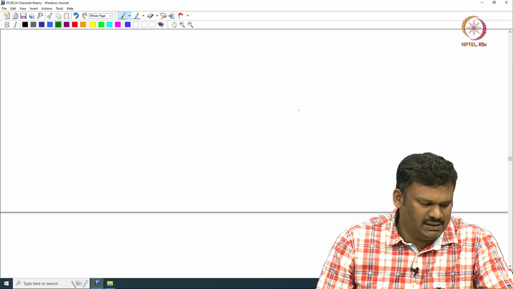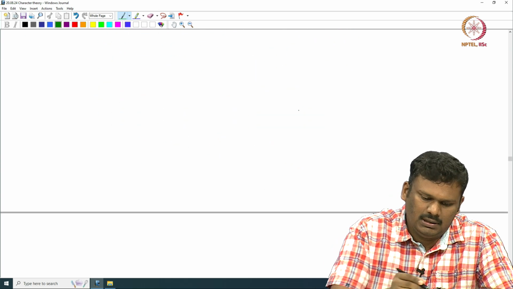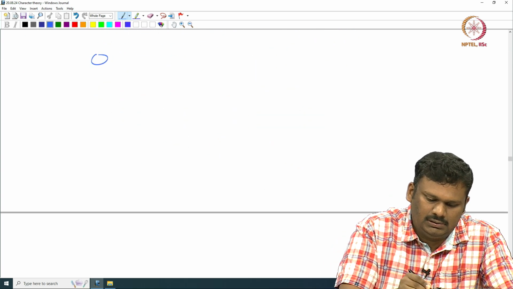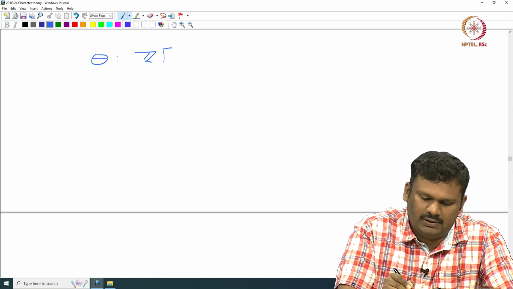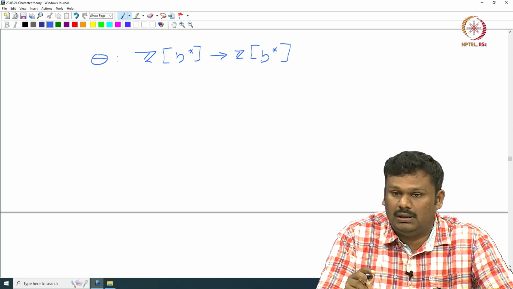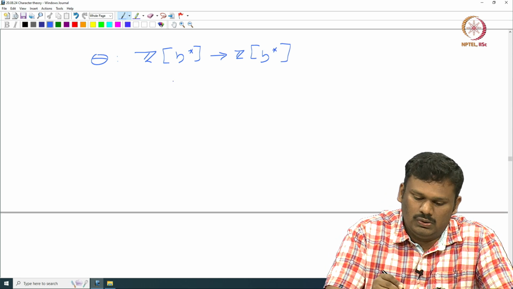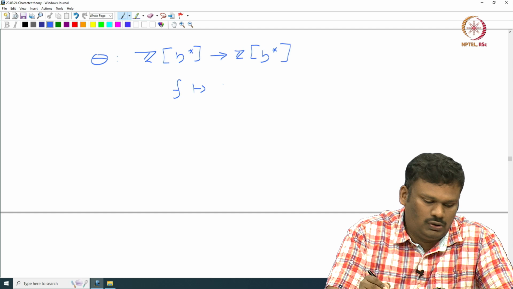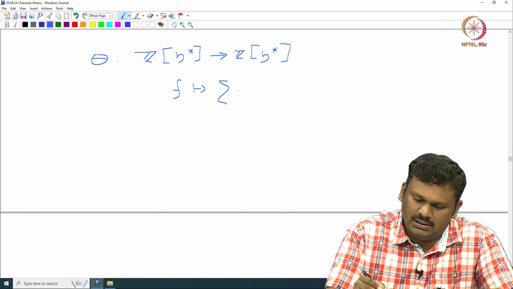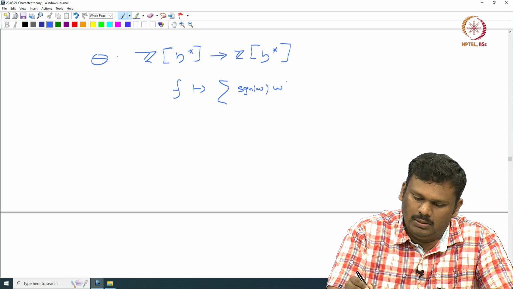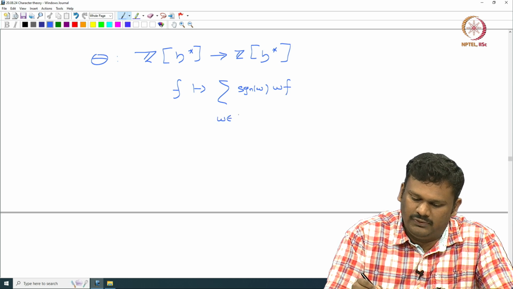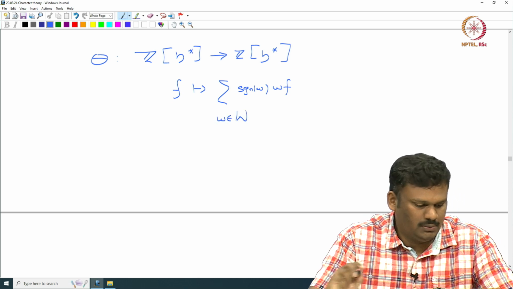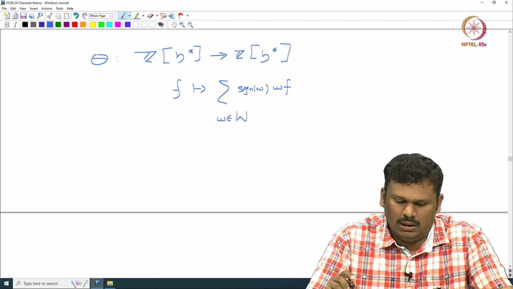So we can define the following operator. Let us call it theta. This theta is an operator from Z H star to Z H star. It is the alternating operator. You take any f and send it to the averaging summation of the sign of W times W f, where W comes from the Weyl group.